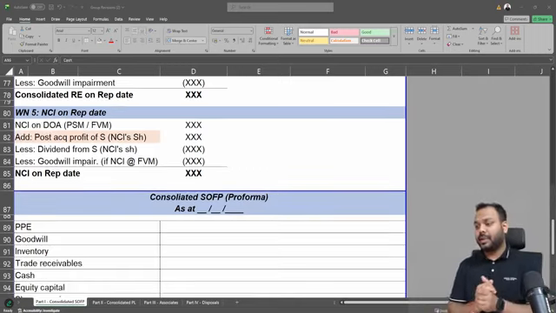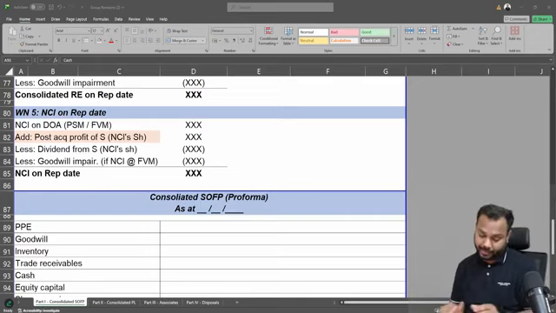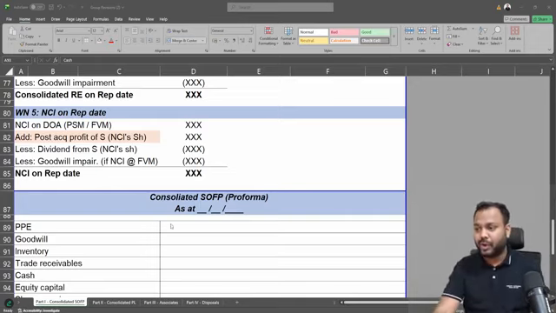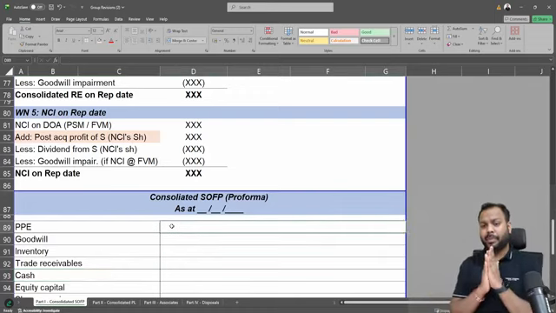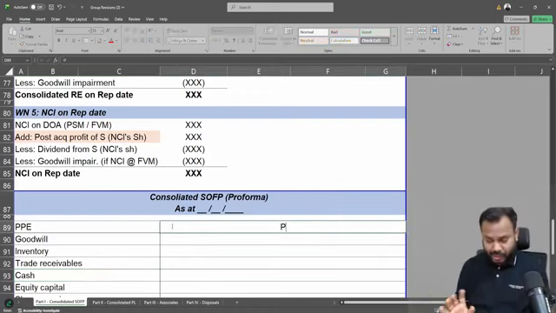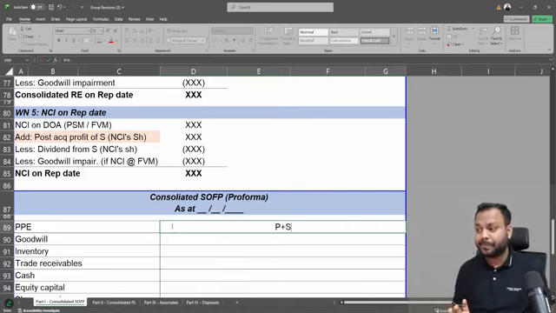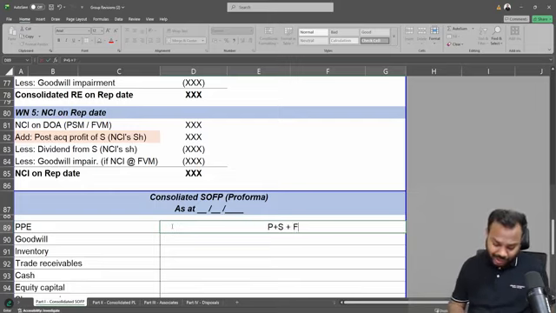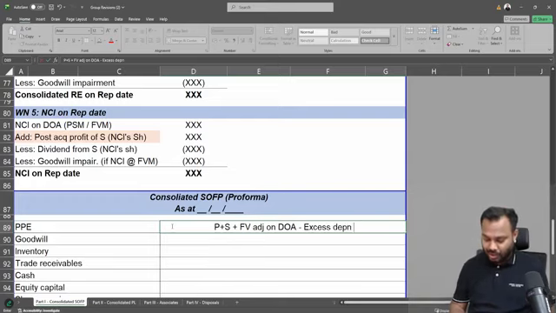Now let us start preparing consol SOFP. Coming to PPE, what will you write? The balance of PPE of parent on the reporting date plus that of subsidiary on the reporting date, plus the fair value adjustment that we did on date of acquisition, minus excess depreciation on fair value adjustment.